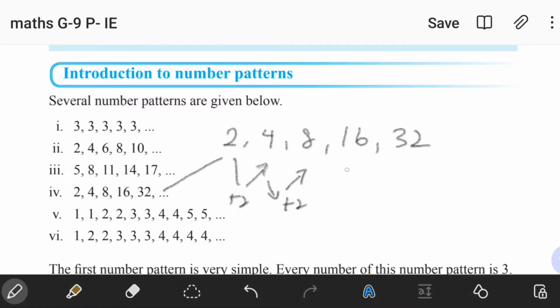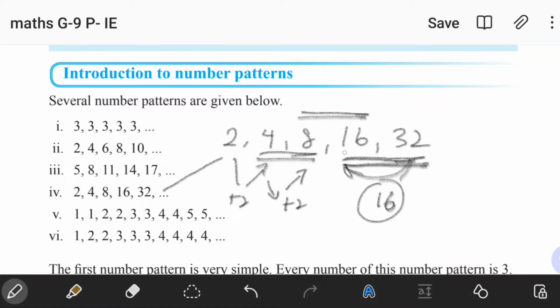Two adjacent numbers means any numbers that sit side by side. So these two are adjacent numbers, these two are adjacent numbers, these two are adjacent numbers. If you look at the difference between these two, 32 minus 16 is 16. And if you look at the difference between these two, 16 minus 8 is 8.